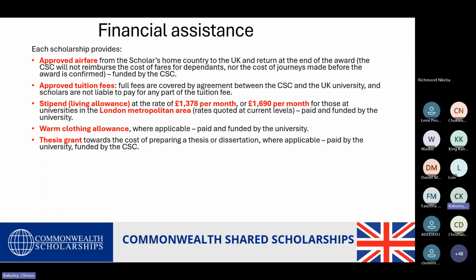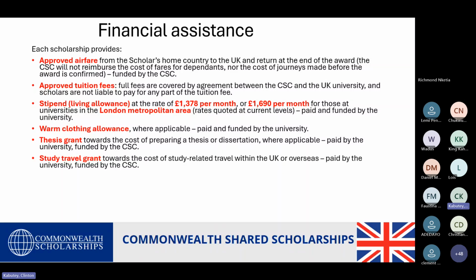In preparing your thesis or dissertation, an amount of about £250 to £500 is awarded to every scholar to prepare their thesis for submission. We also have a study travel grant, which is given to scholars who wish to travel around the UK or travel overseas outside of the UK.